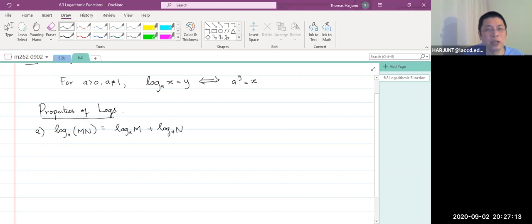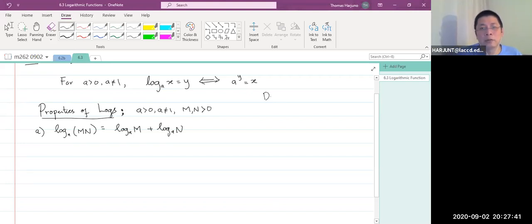I need to say that the base is positive and not 1. At the same time, the arguments m and n have to be positive real numbers. That's because the domain of log is positive.